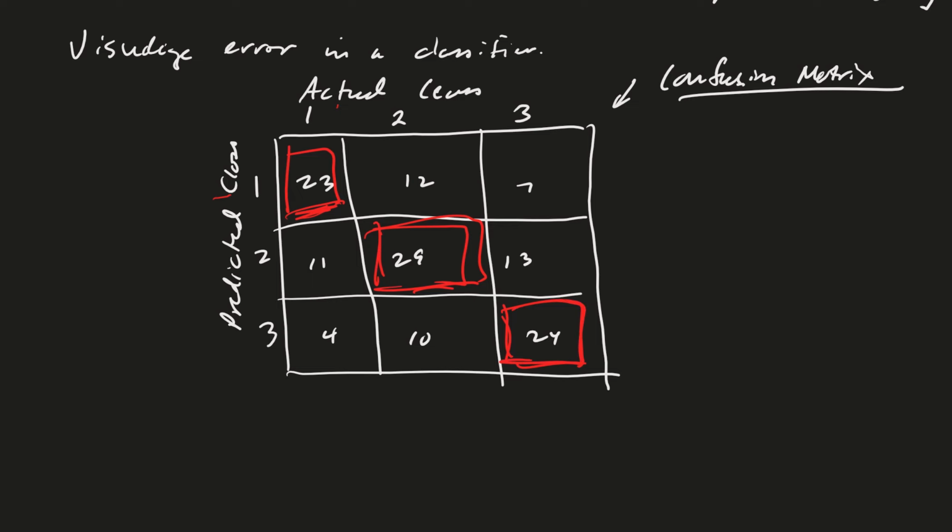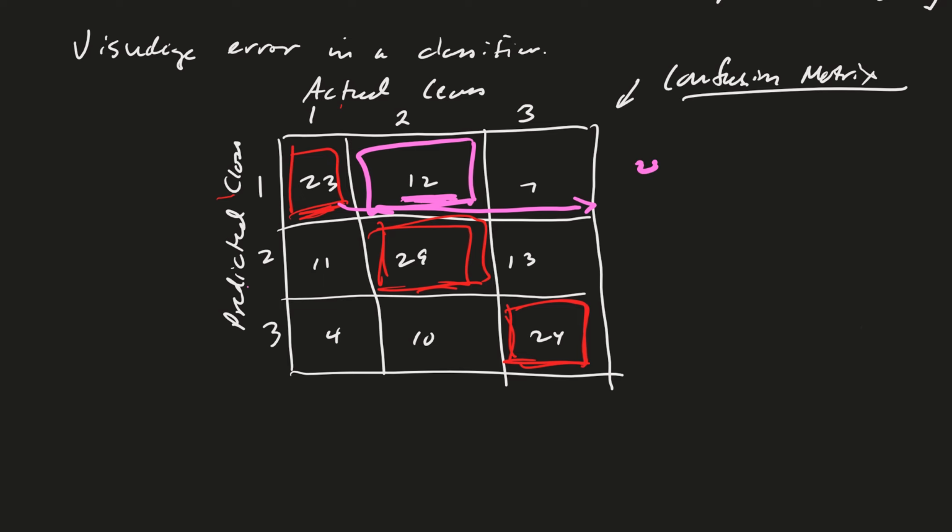And so the off-diagonal elements are telling you how the error is being made. So in this case, this is a pretty high value here, this 12. This means that if I were to think about all the times I predicted a dog, 12 times I was wrong and the actual thing was a cat. Okay, and so if you go across like this, what are those numbers? 23 plus 12 plus 7, so that's 42 instances altogether.